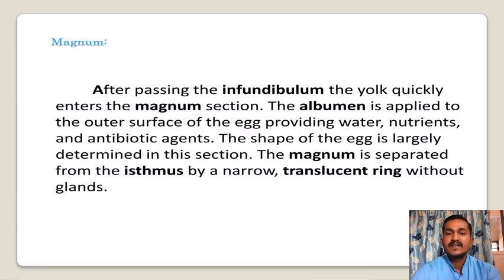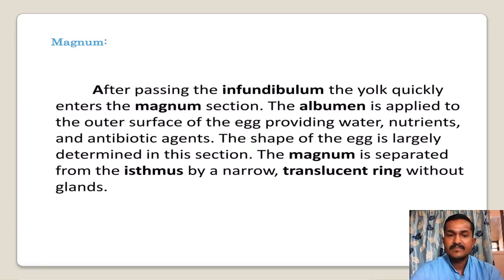After passing the infundibulum, the yolk quickly enters the magnum section, and the albumen is applied to the outer surface of the egg, providing water, nutrients, and antibiotic agents. The shape of the egg is largely determined in this section.